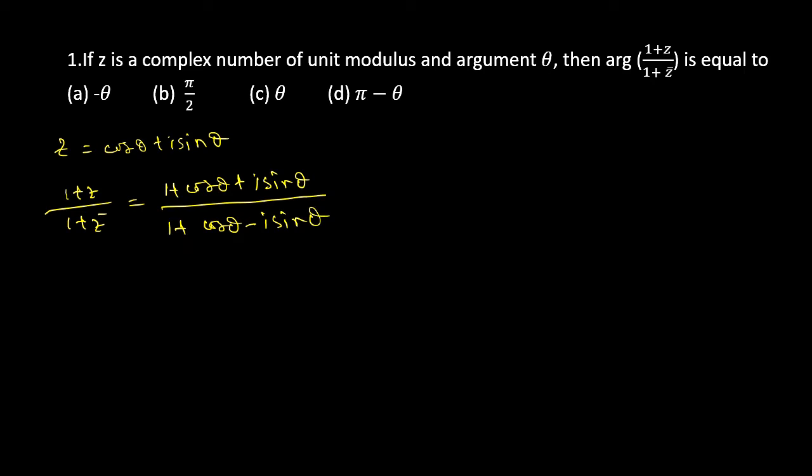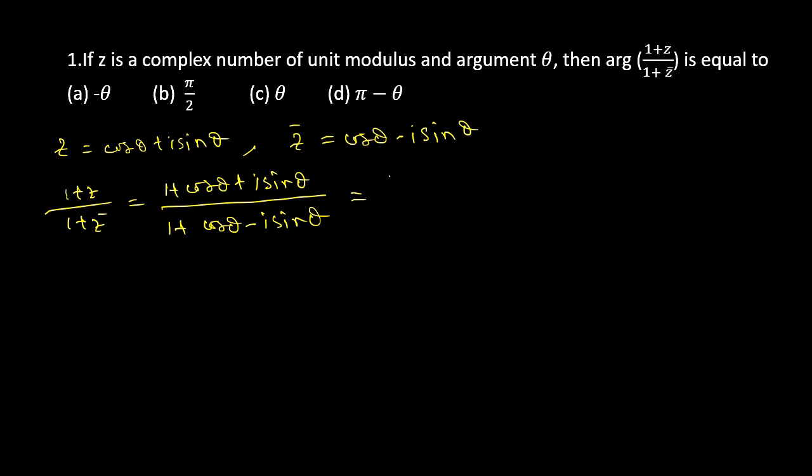Since z is cos theta + i sin theta, z bar will be cos theta - i sin theta, the conjugate of z.